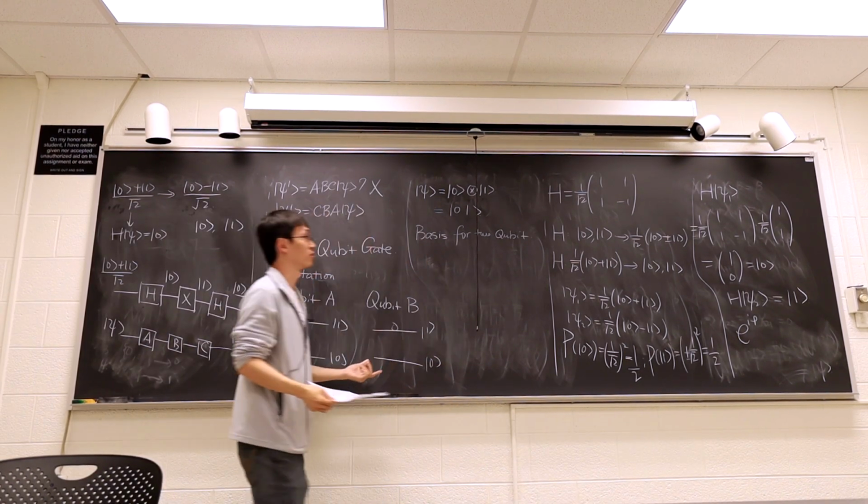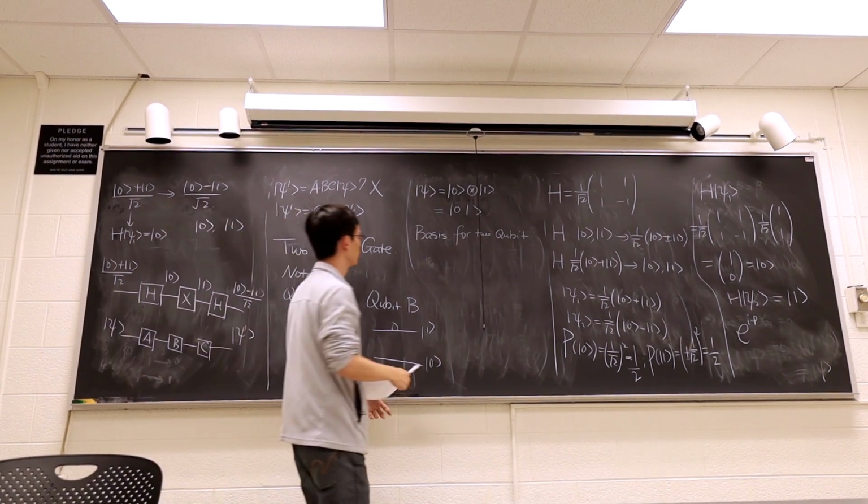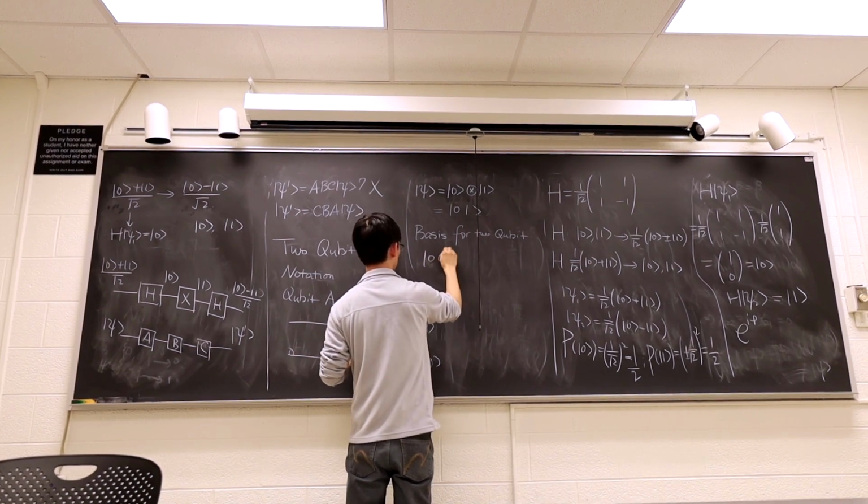So for 2 qubits, there should be 4 different bases, right? You have the combination of them. You can have both of them in 0 state.